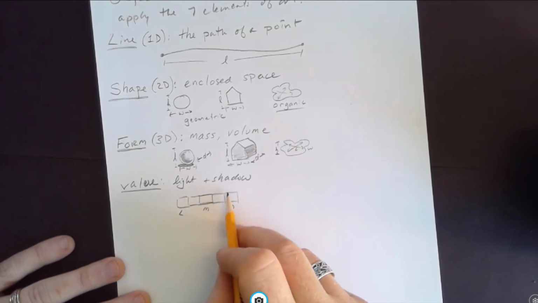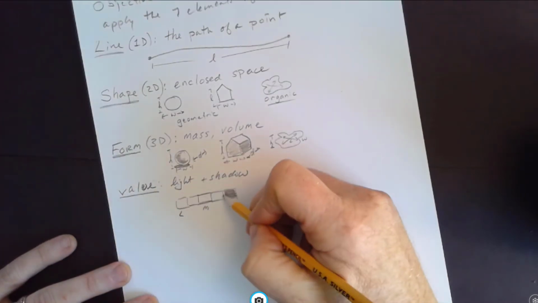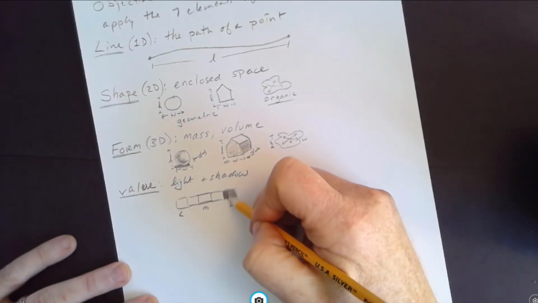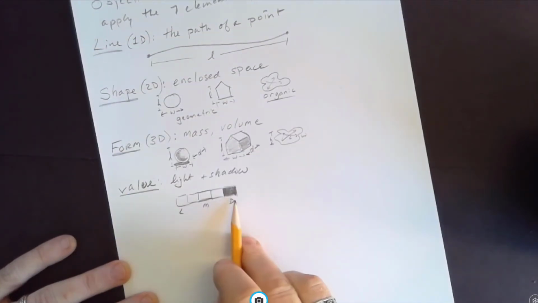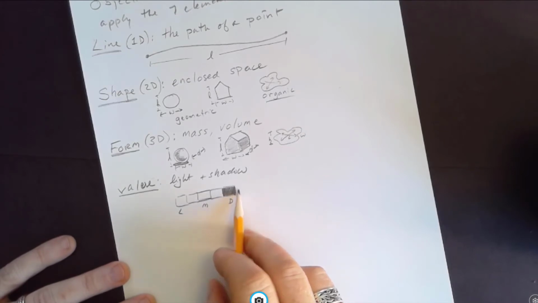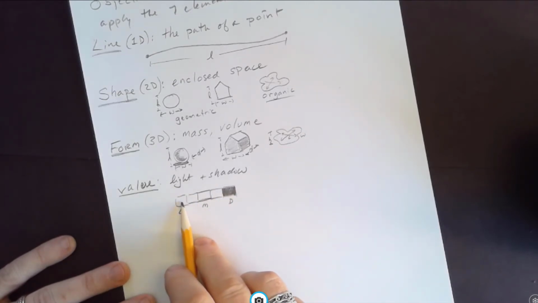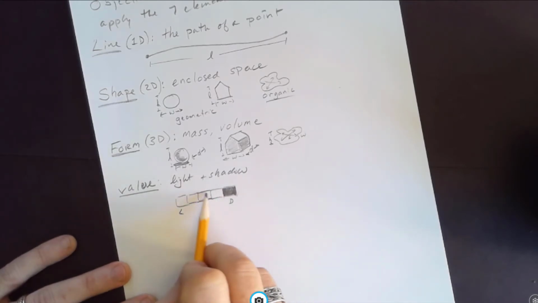Since we're using a pencil, we're going to shade this dark box as dark as we can, to create our darkest value. So we can go from light to dark. And what we want to do is gradually shade these in so they go gradually from light to dark or from dark to light.